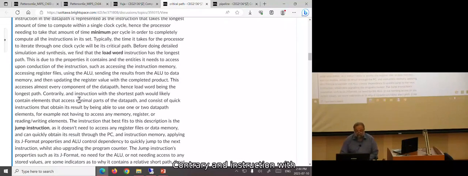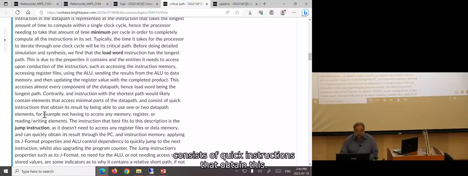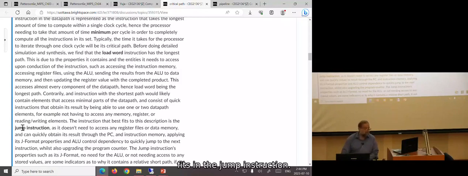Contrarily, an instruction with the shortest path would likely access minimal parts and consist of quick operations. The instruction that best fits is the jump instruction. I agree with you, but I am not sure.